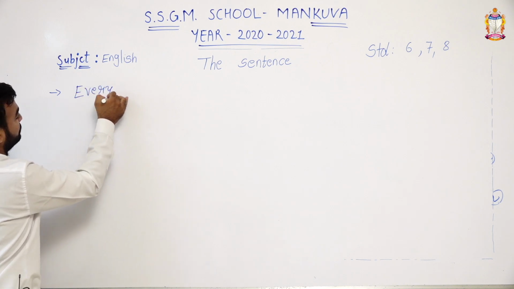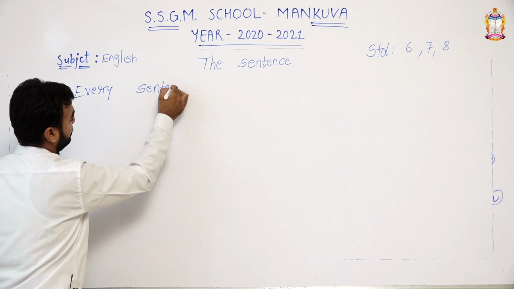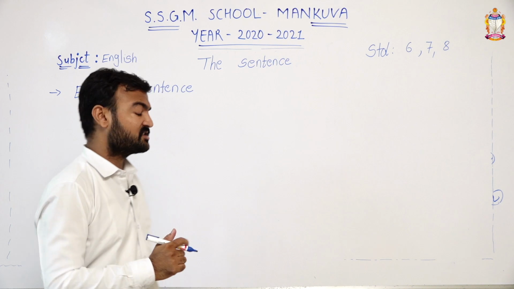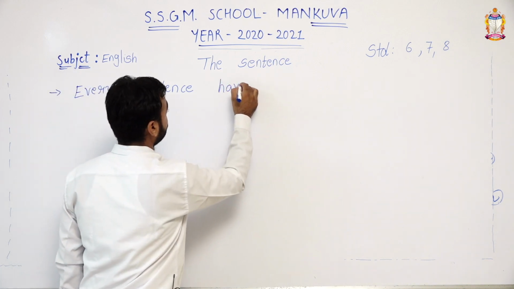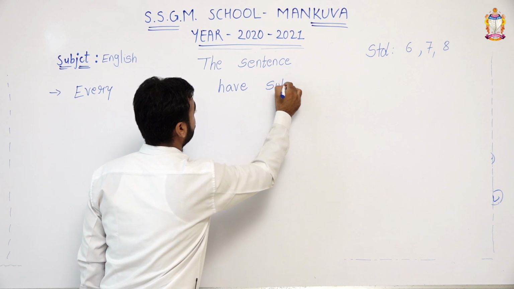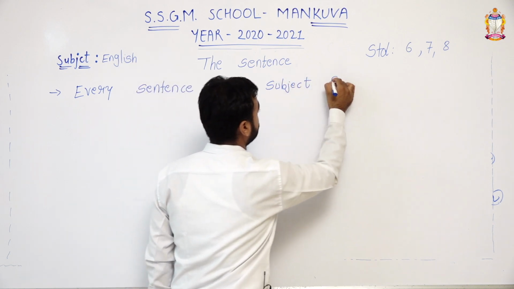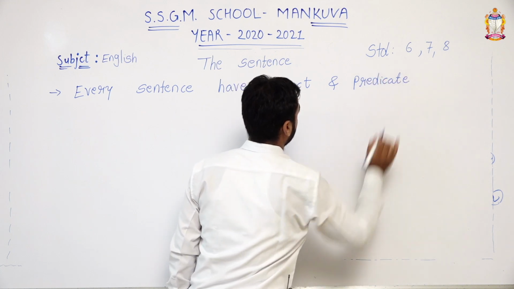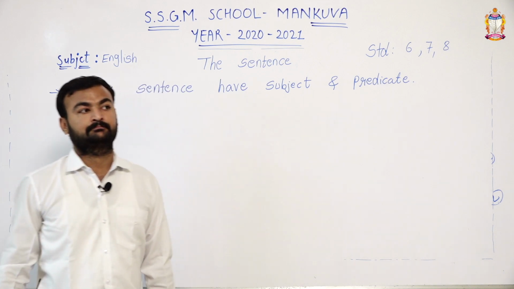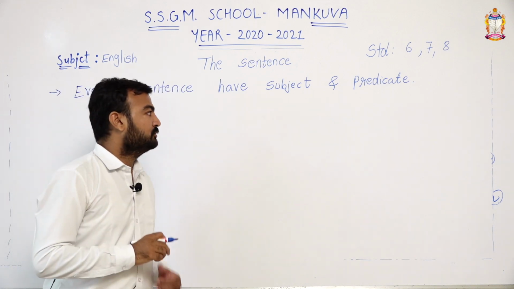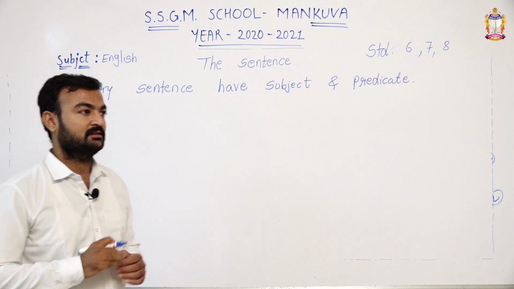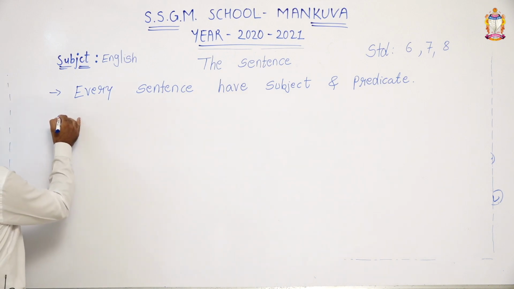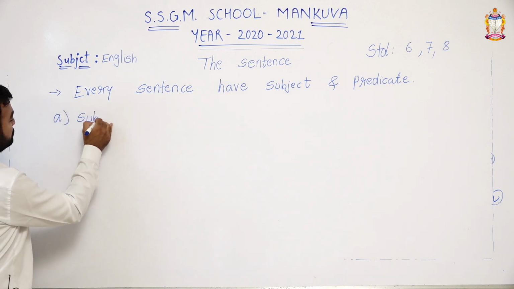Every sentence has a subject and predicate. There are two parts in one sentence, subject and predicate. Now let's learn about the definition of subject.